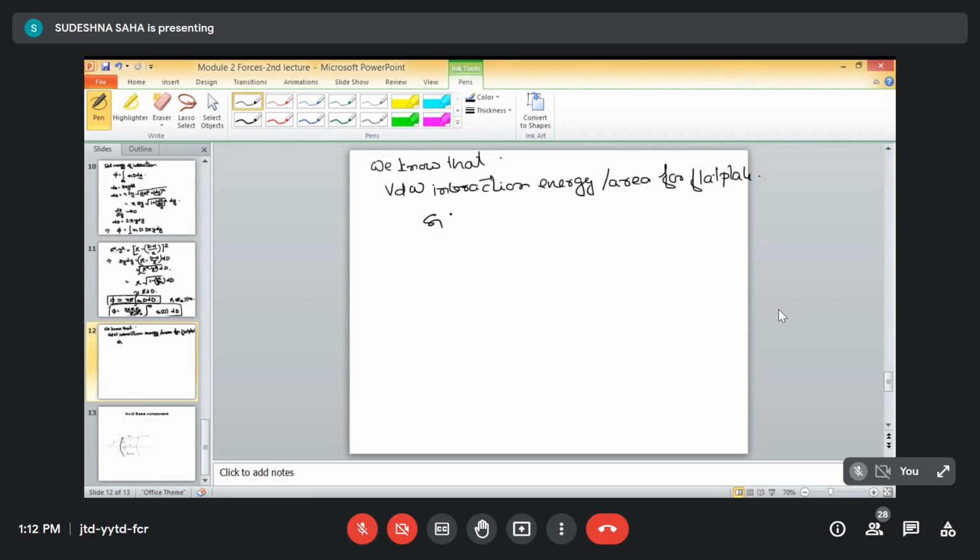This we have previously derived: G(D) equals minus A over 12 pi D square.